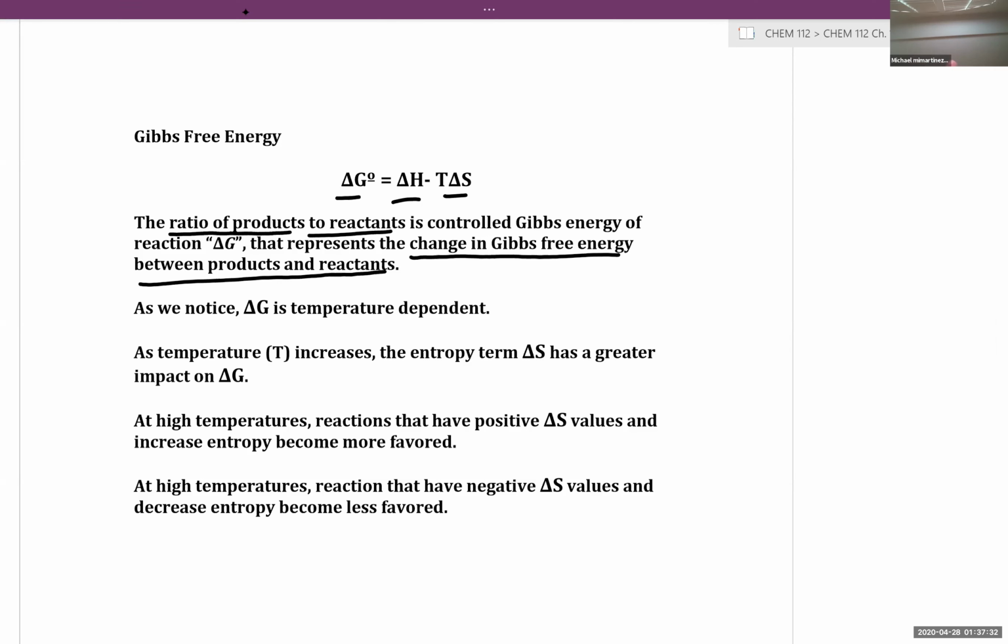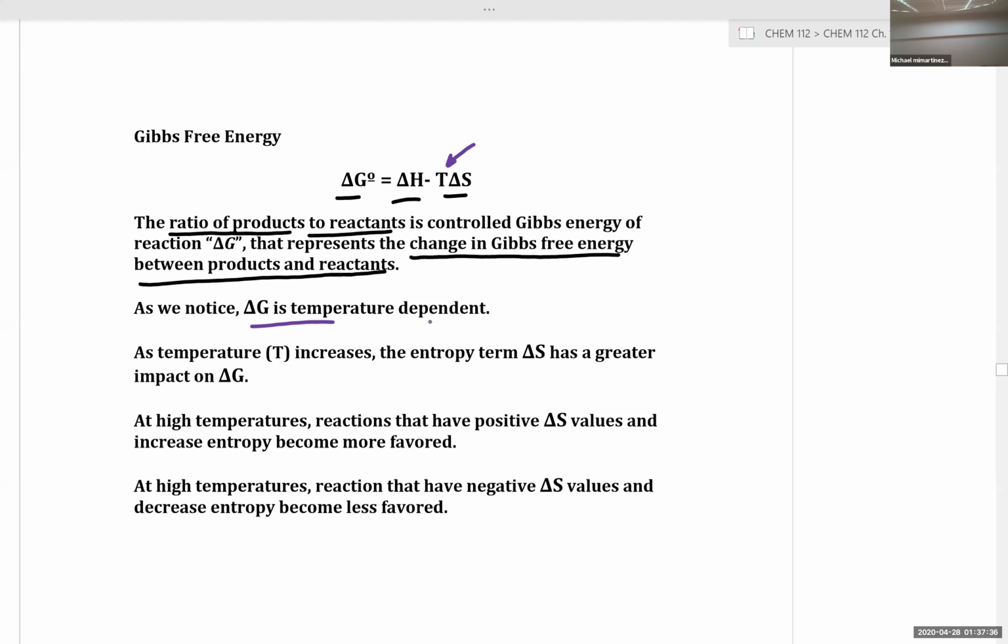So one thing I want you to immediately notice is that Gibbs energy is temperature dependent, okay? So as the temperature increases, the entropy term has a greater effect, right? As our temperature gets larger, this T delta S also gets larger. Okay.